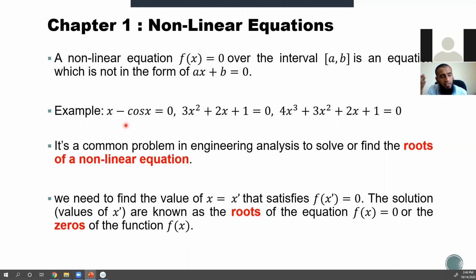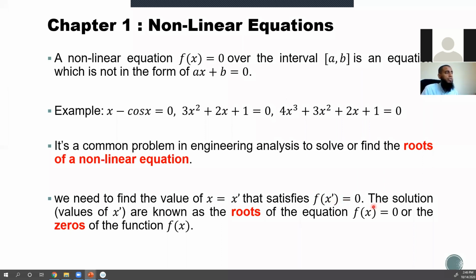The value of x that satisfies y equal to 0 is the root. When you enter the value of x, the equation becomes 0. That is the root.